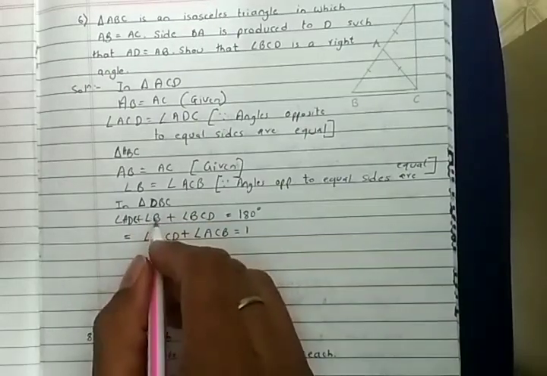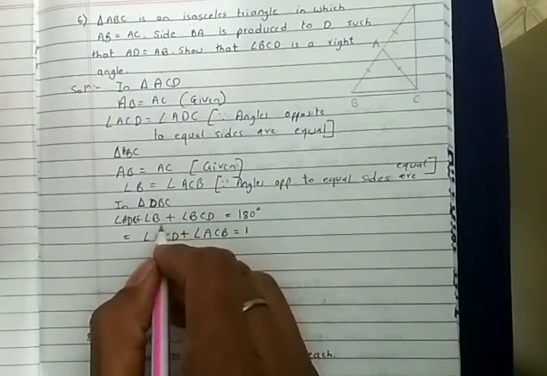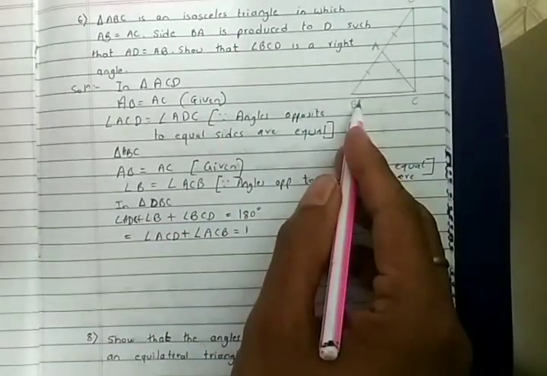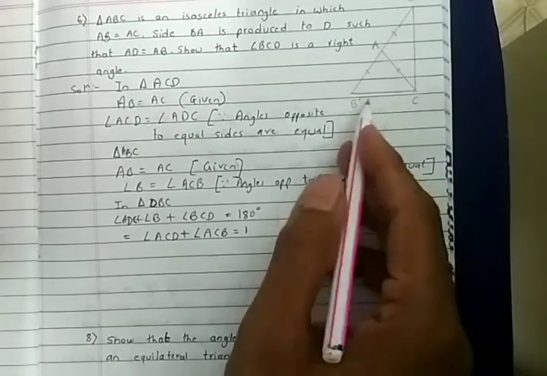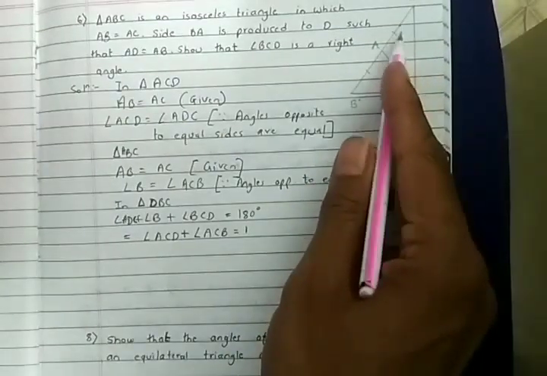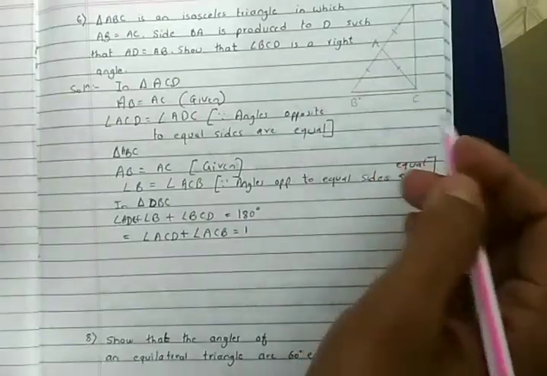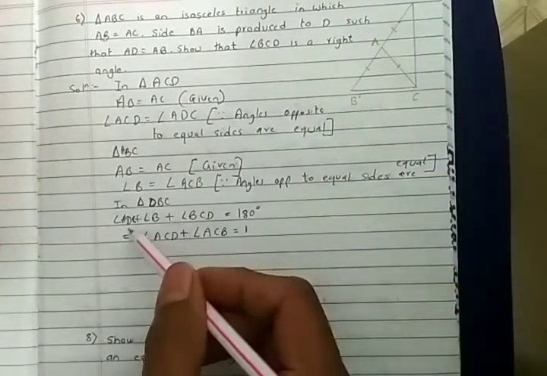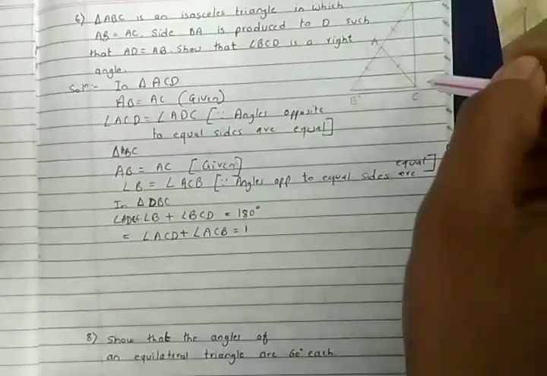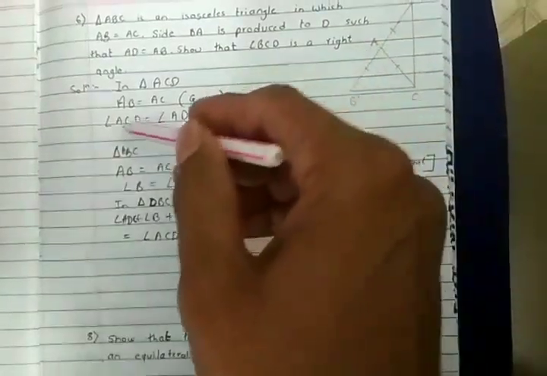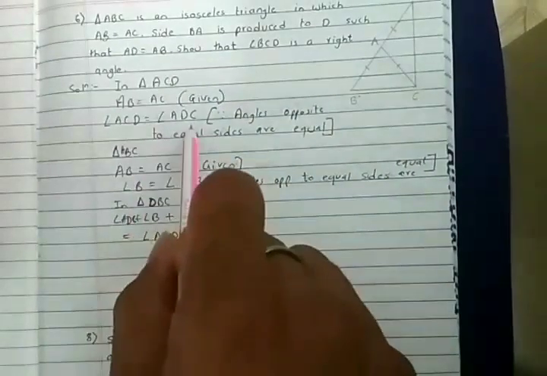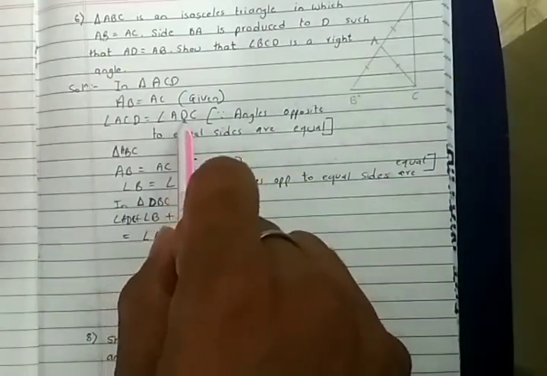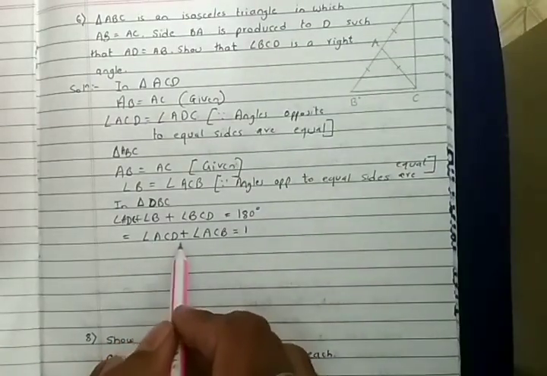ADC plus angle B, this is angle B, and plus BCD, that is all these three angles will add up to 180 degrees. Now instead of angle ADC, we can write ACD since they both are equal, right? So we'll replace ADC by ACD.